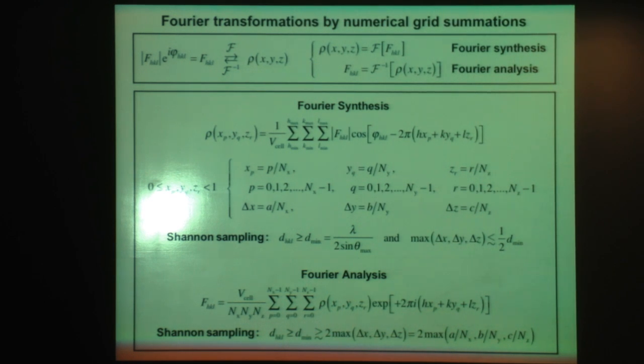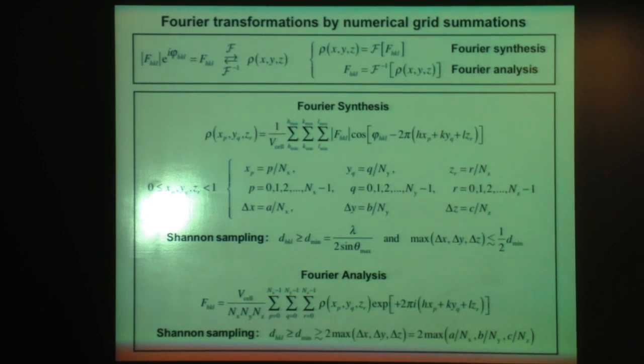They vary in the three directions, of course. We're not talking always about cubic unit cells. Okay. So there's this going in the one direction, a Shannon criterion of a half d min, and going to the structure factor calculation, the Shannon criterion is twice the maximum of the subdivisions, a over n_x and b over n_y and so on.